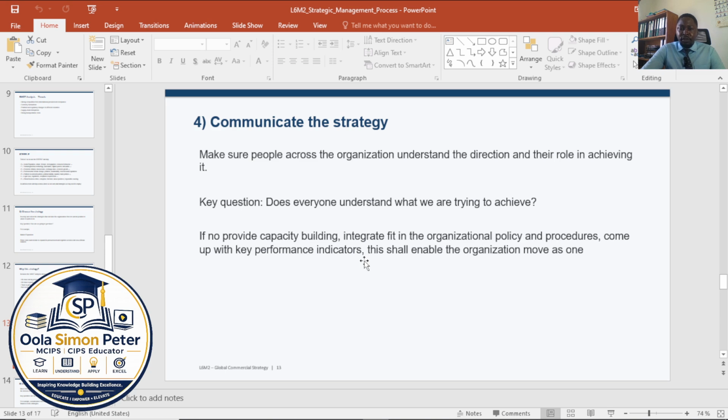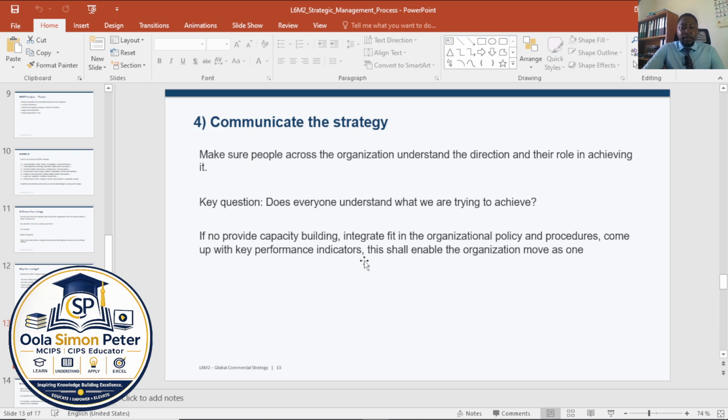Make sure that they are trained on what they need to do, their roles and responsibilities. And you can even integrate some of these strategies into the organization's policies and procedures, so that people can come to know and familiarize themselves with some of these strategies.